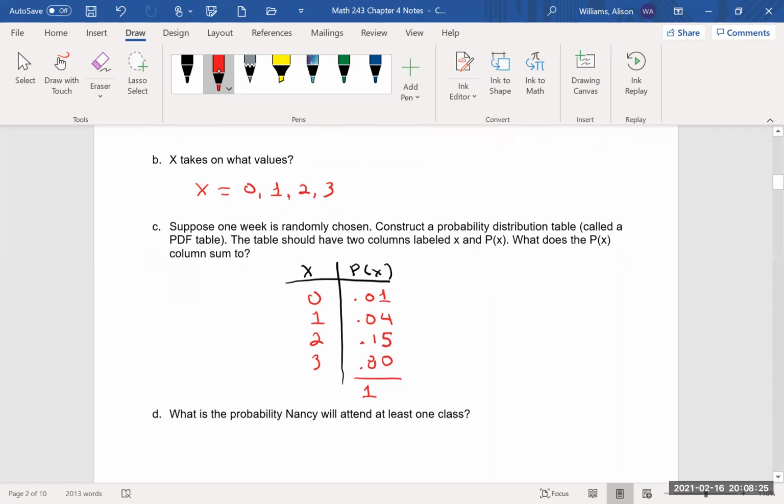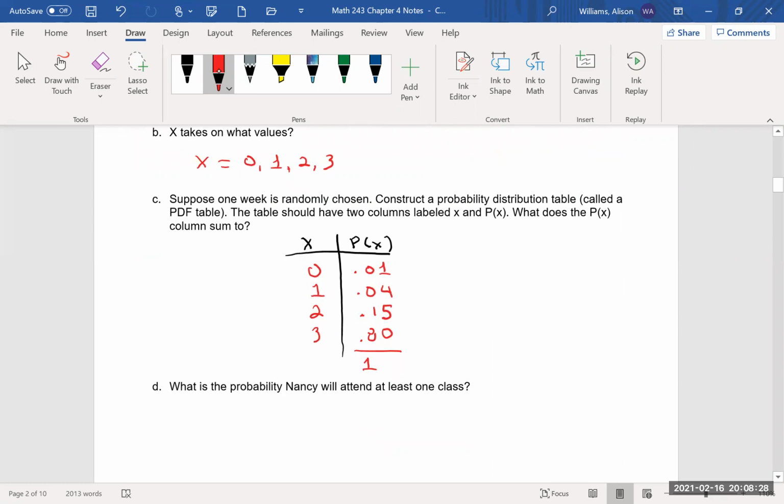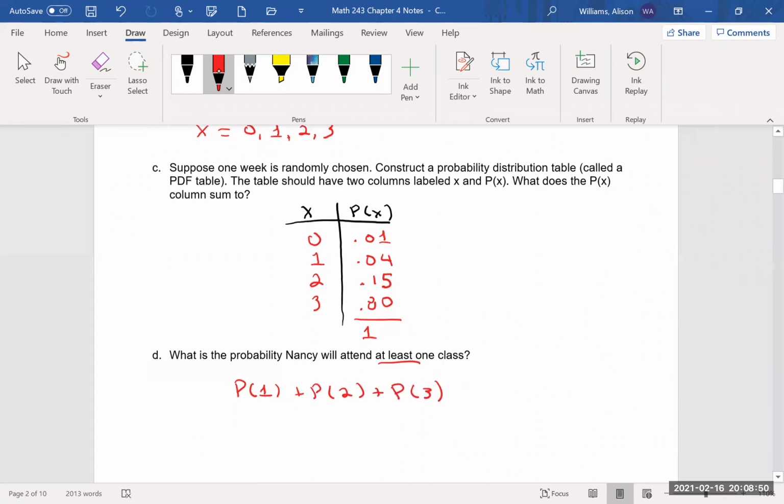And then they ask a follow-up question: what is the probability that Nancy will attend at least one class? At least one means that she will attend one class, or possibly 2 classes, or possibly 3 classes. All 3 of those would work for this. So we would be finding the probability of 1 class plus 2 classes plus 3 classes, which would mean finding 0.04 plus 0.15 plus 0.80, and that comes out to 0.99.